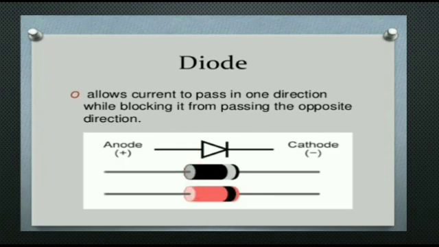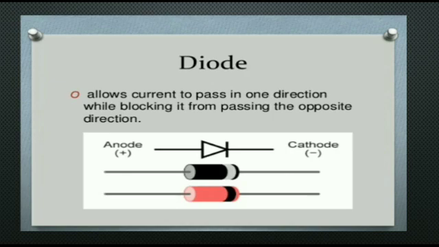So a diode allows current to pass in one direction while blocking it from passing in the opposite direction. This is the diode.